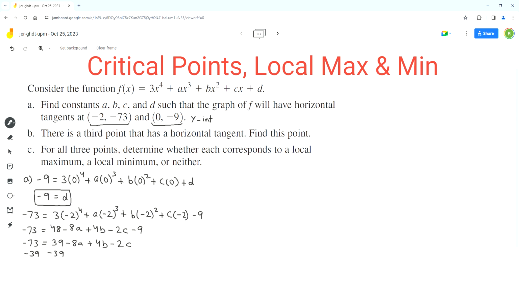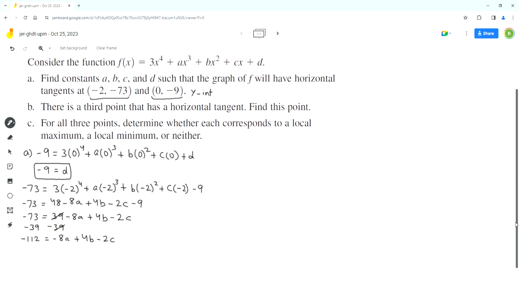So 39 on the right side will get cancelled out. So we are left with -112 equals -8a plus 4b minus 2c. So this is our first equation with a, b, and c.